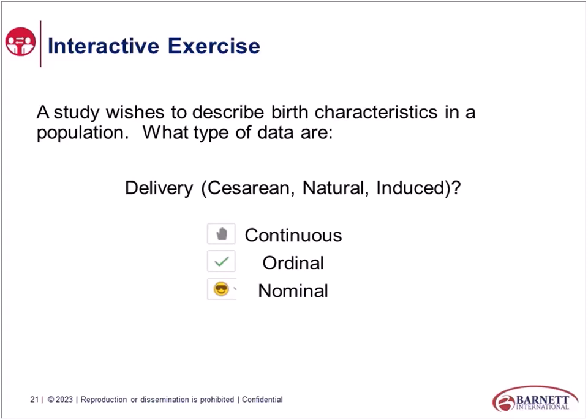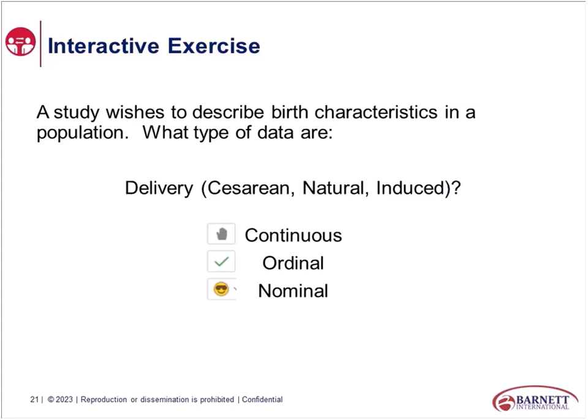Just to refresh, it can't be continuous, because often you think of continuous as having some sort of units, like age has years, birth weight has grams, hypertension has millimeters of mercury. Because these are just words, cesarean, natural, induced, 3 categories, it is nominal.